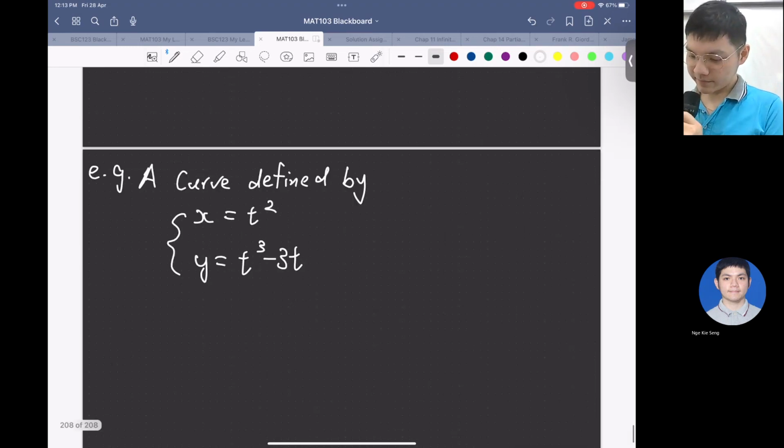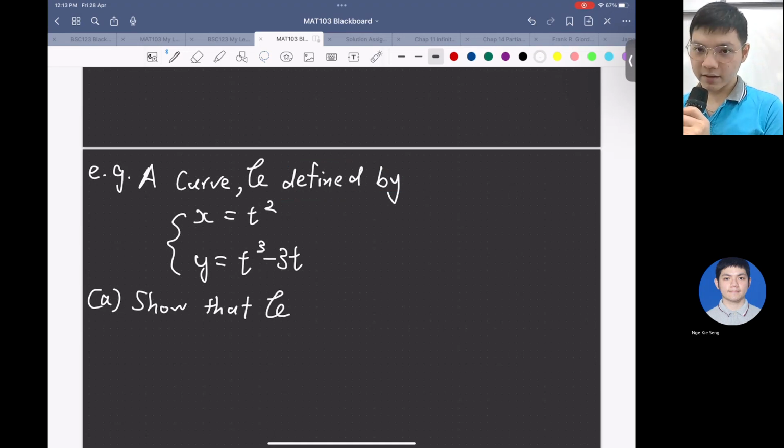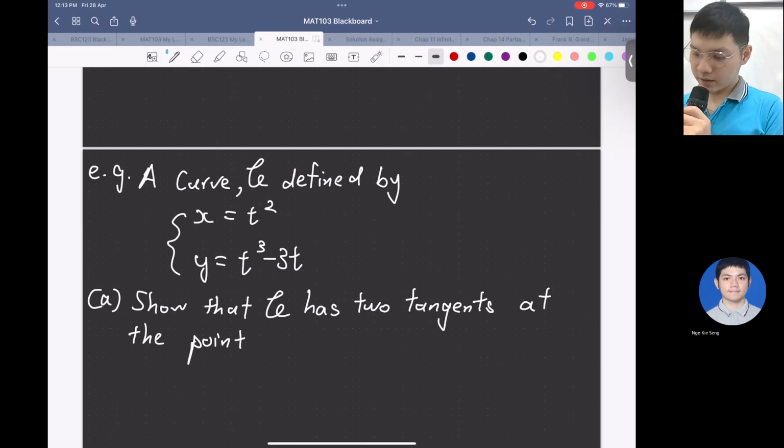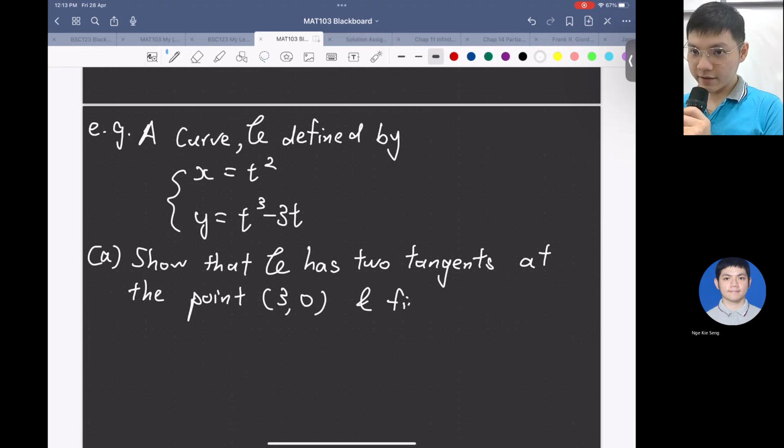So first part: let's call this curve C. Let's show that C has two tangents at point (3, 0).